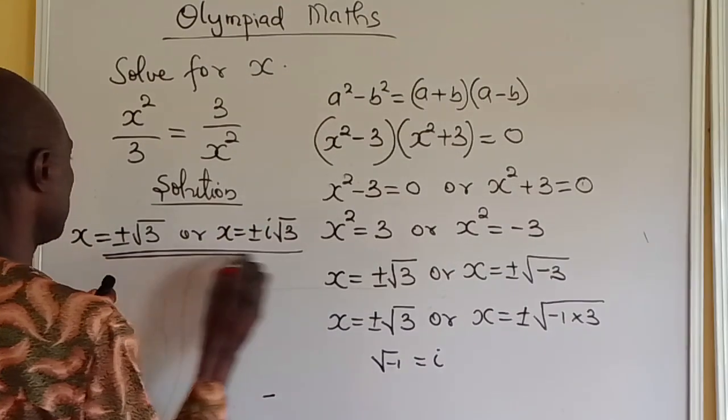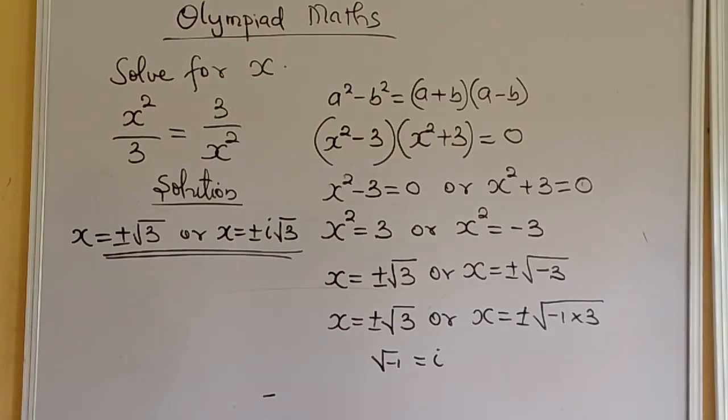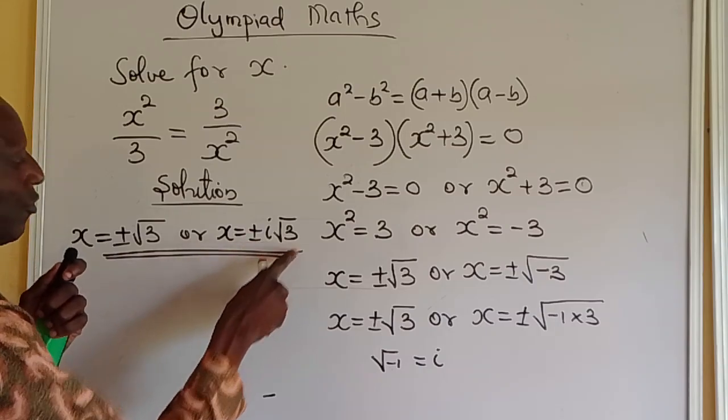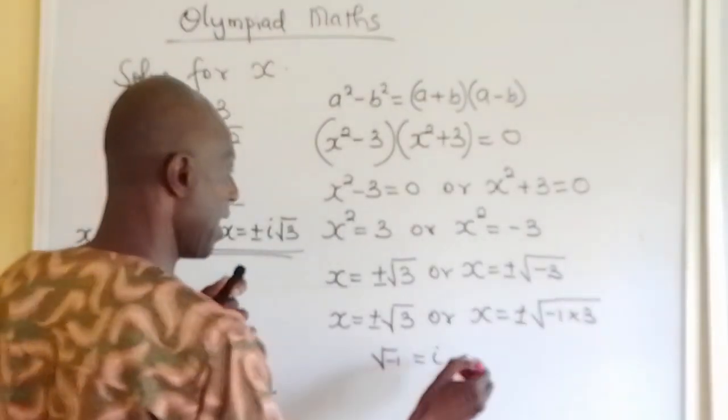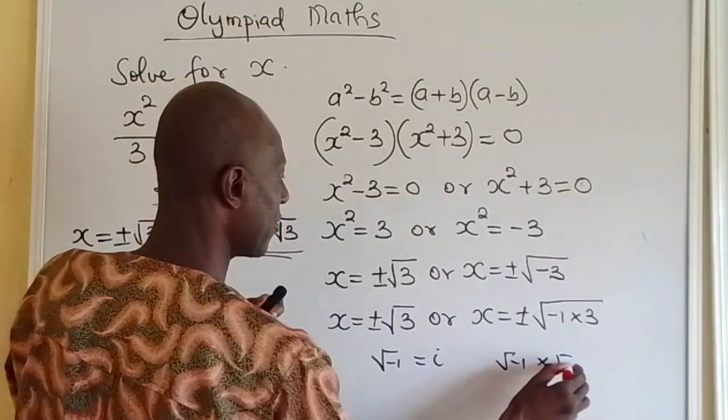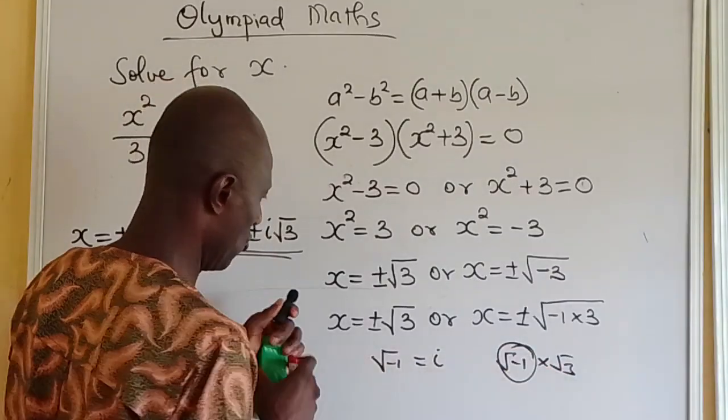So this is the solution. One is plus or minus root 3. Here is plus or minus i root 3, because I get it from the square root of minus 1 times the square root of 3. This is the i root 3.